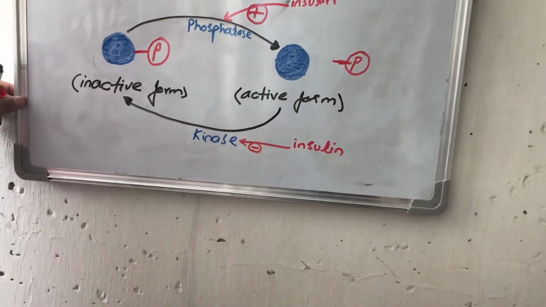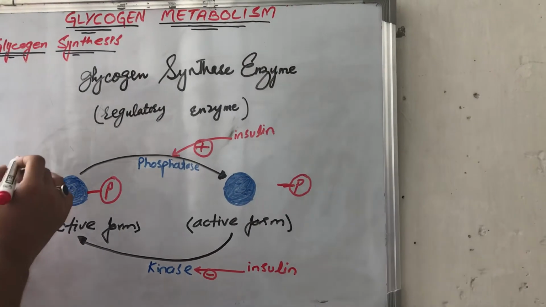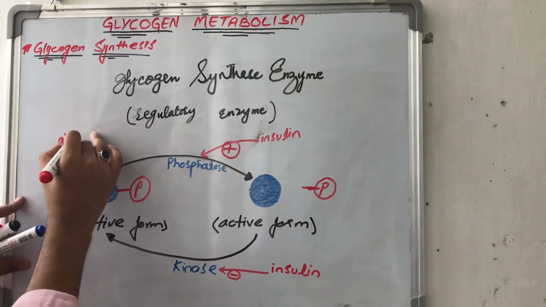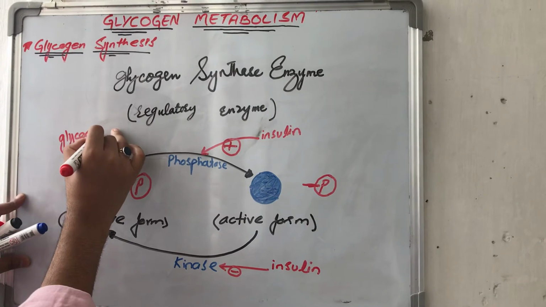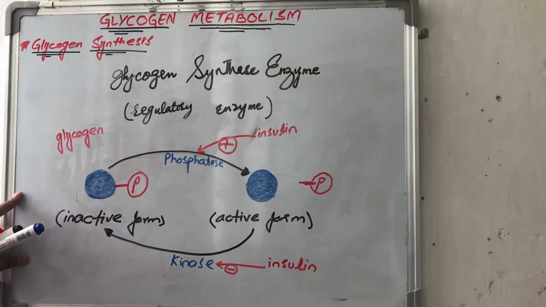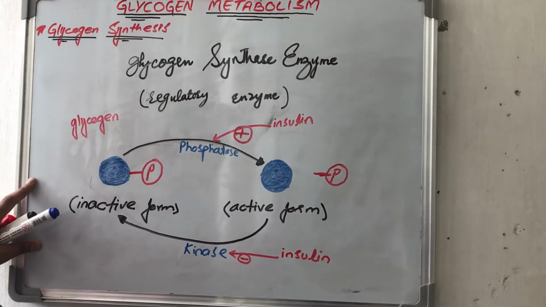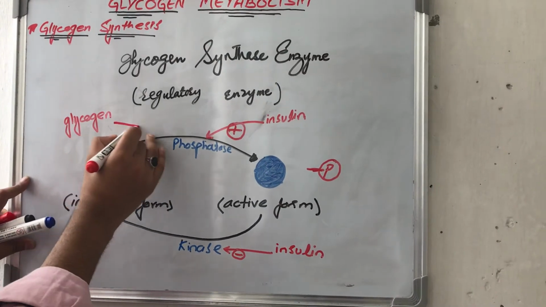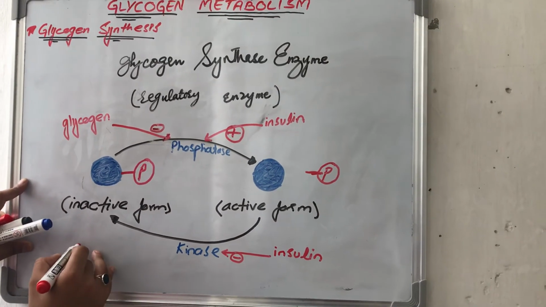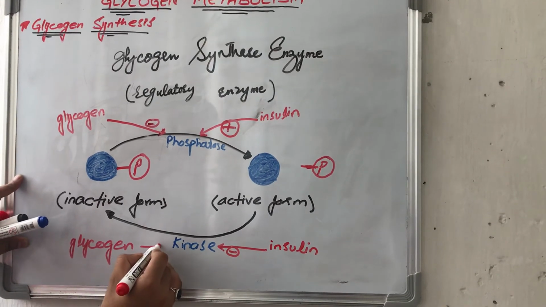Against insulin, the hormone which works is glucagon. Glucagon is responsible for the conversion of glycogen to glucose. So glucagon increases the blood glucose level; it inactivates this pathway and activates the kinase enzyme.